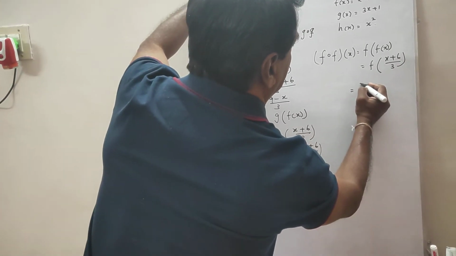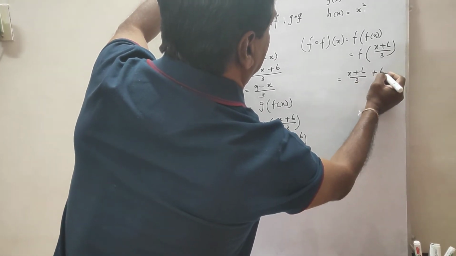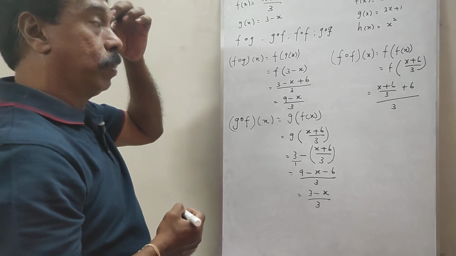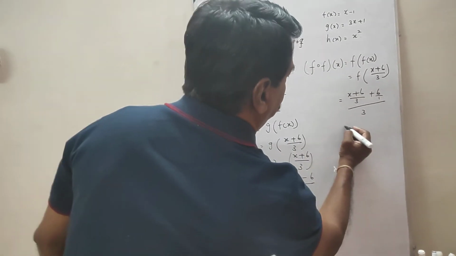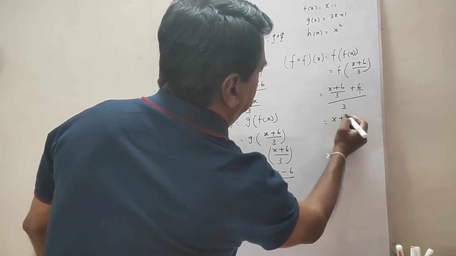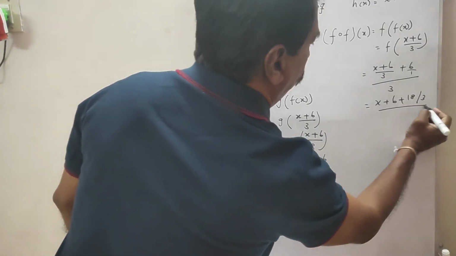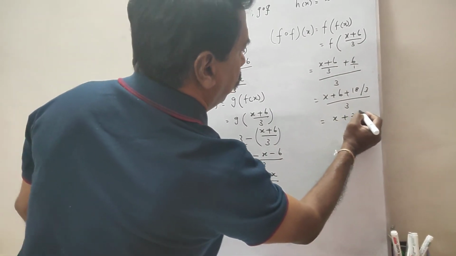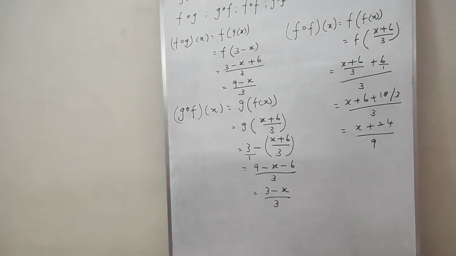That we get ((x plus 6) by 3 plus 6) whole divided by 3. You should be a little careful. Here you put by 1, take LCM, we get ((x plus 6 plus 18) by 3) whole divided by 3. This becomes (x plus 24) divided by 9. I hope you can understand.